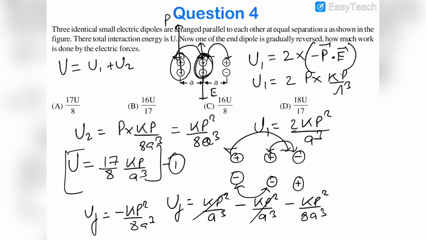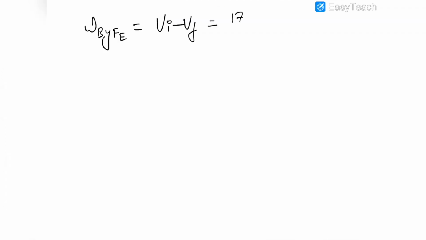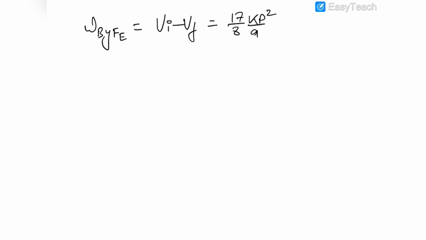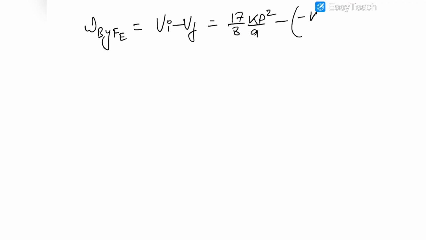Okay, so work done by electric forces will be equal to U initial minus U final. U initial is 17 by 8 kP square by a cube, and minus of minus kP square by 8a cube.